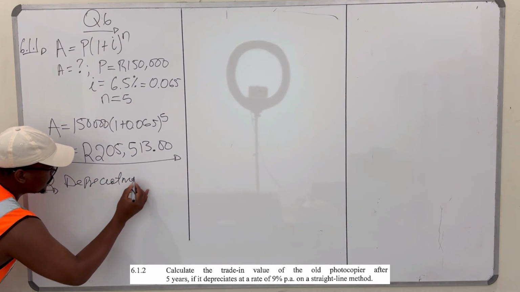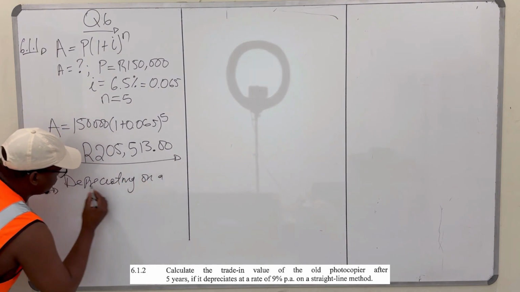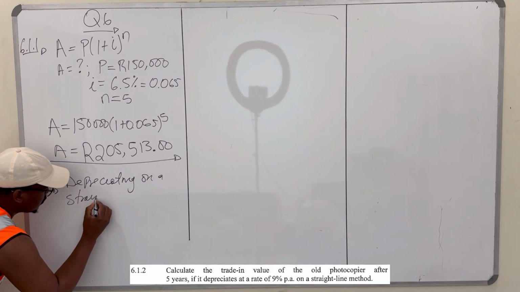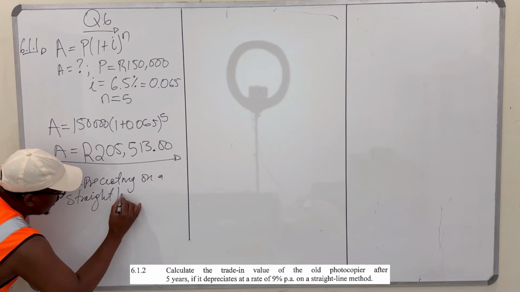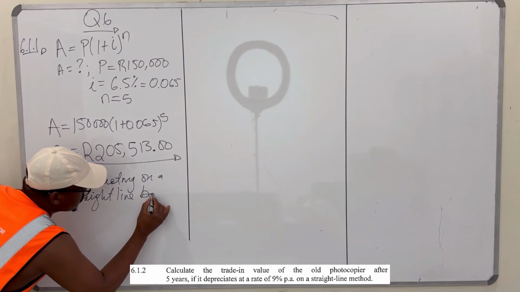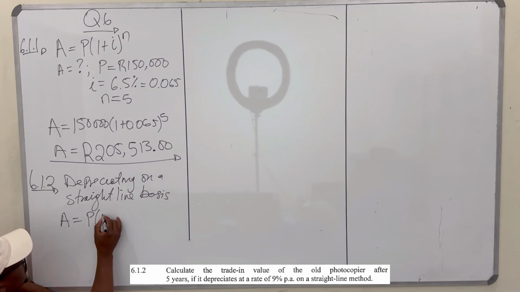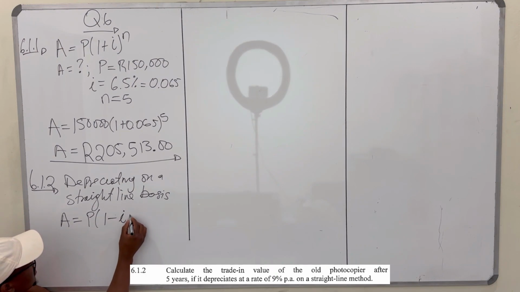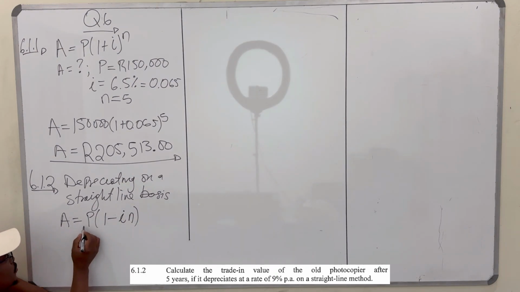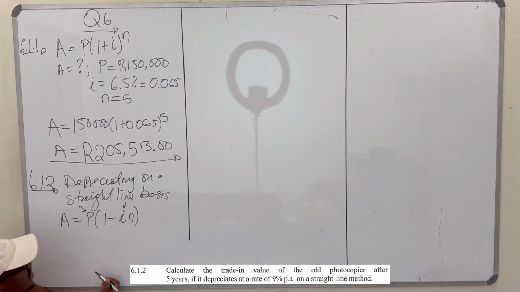If this photocopier is depreciating on a straight-line basis, the formula that we use is A is equal to P times (1 minus i times n). This is the original amount, the depreciation rate, and the number of years.